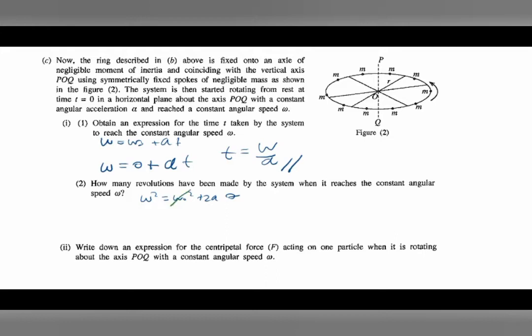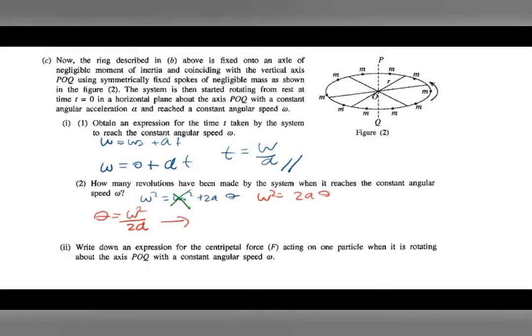Omega squared equals 2 alpha theta. So you just need to get the theta value out of it: theta equals omega squared over 2 alpha. This is not the final answer yet.